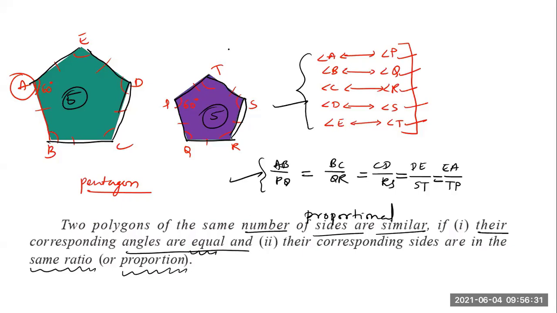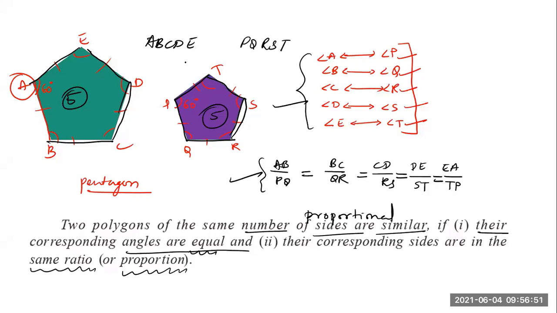That's correct. And one more thing I'm telling here. Suppose I take an ABCDE pentagon, and on this side we have a PQRST pentagon.